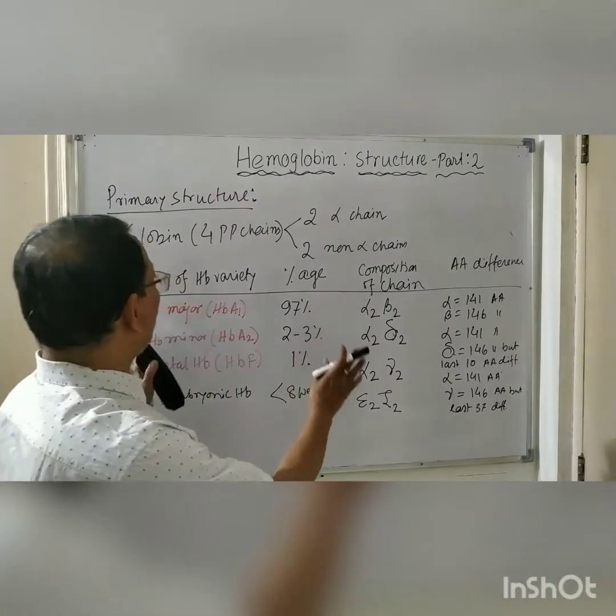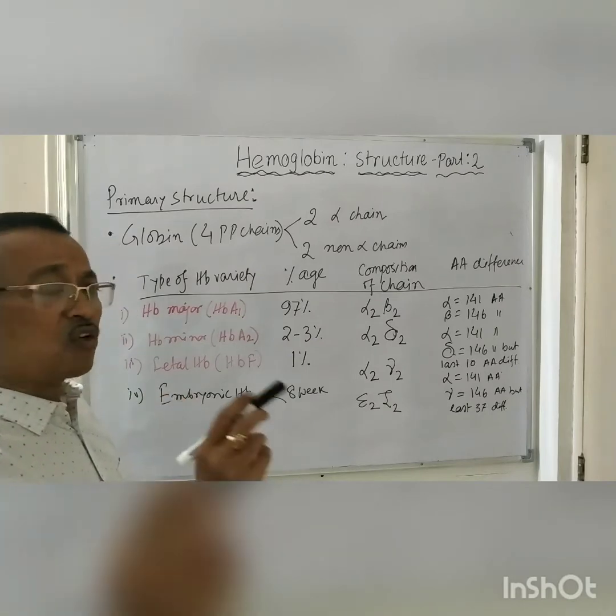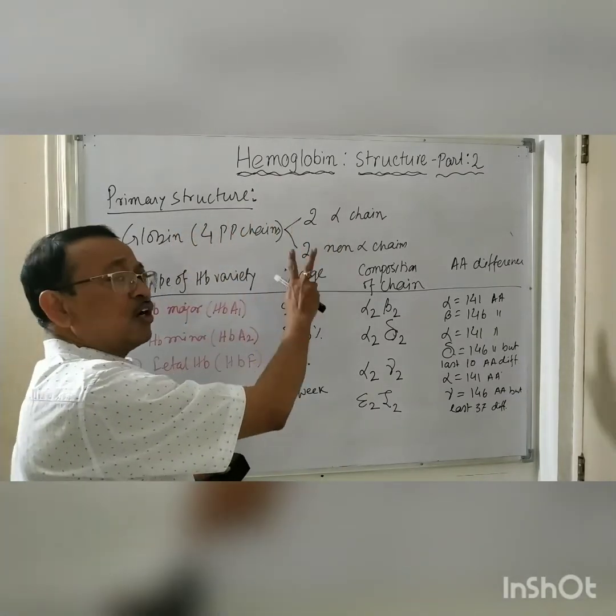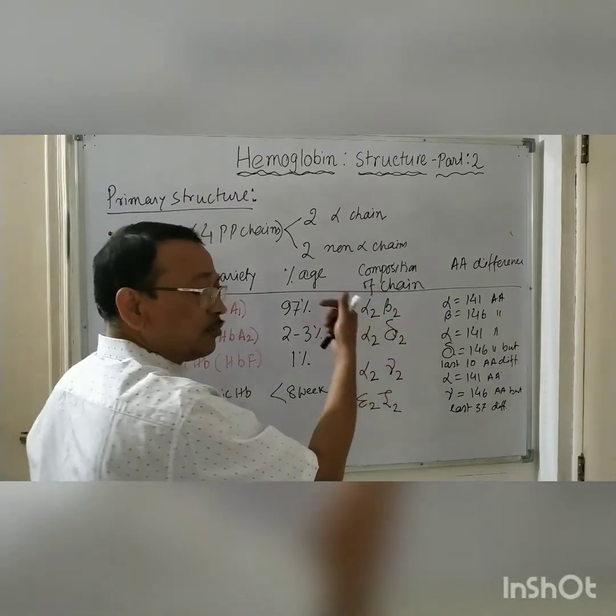So this is about the primary structures of hemoglobin. Globin is comprised of 2 alpha chains and 2 non-alpha chains. It can be beta, delta, or gamma.